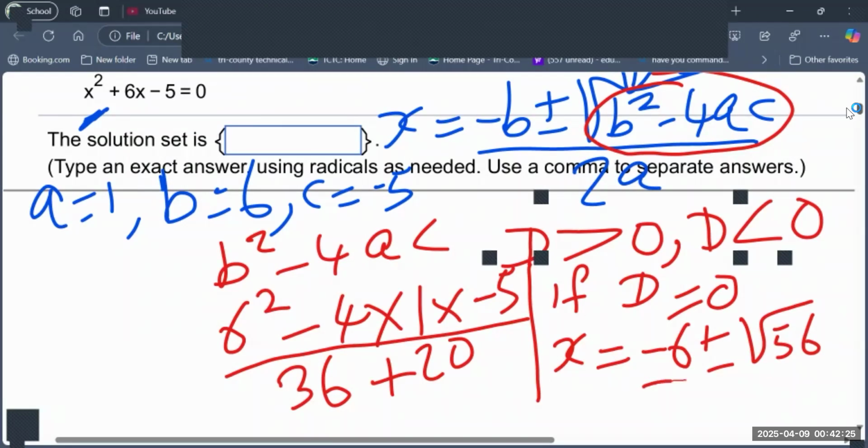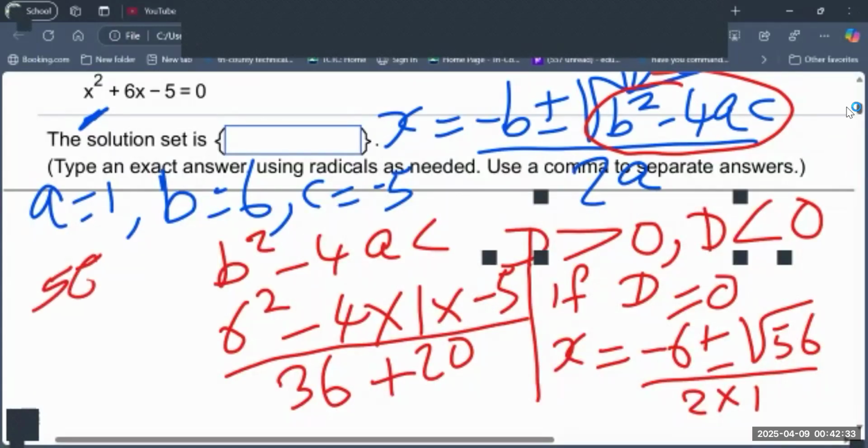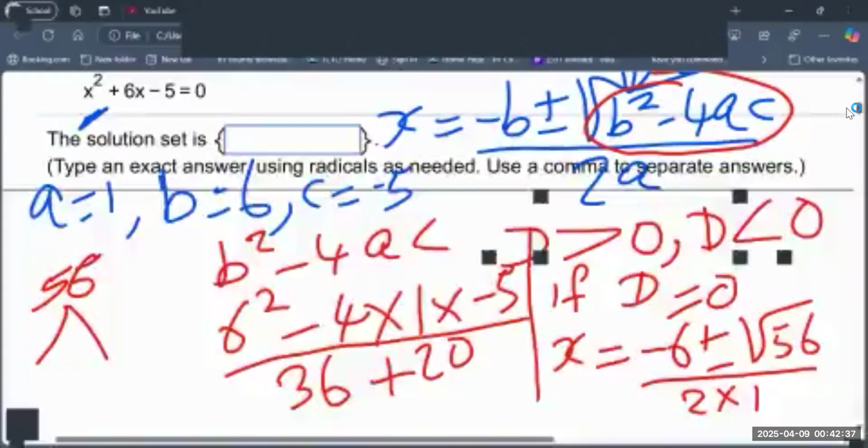All right, how about 2a? 2 times 1. If you don't know the factors, you can just do a factor tree. So what goes here? I know that 2 can go into 56, so I have 28. 2 can go into 28, and I have 14.